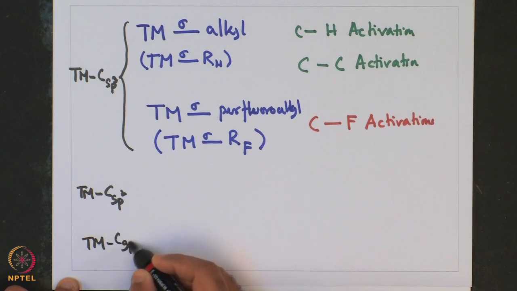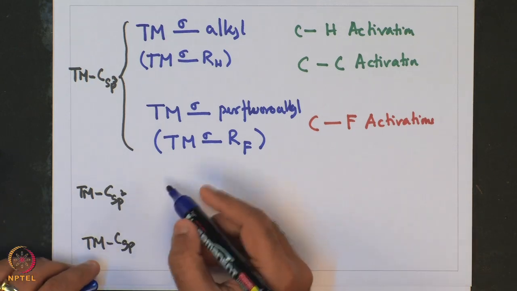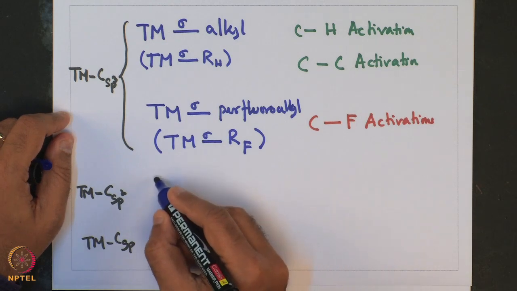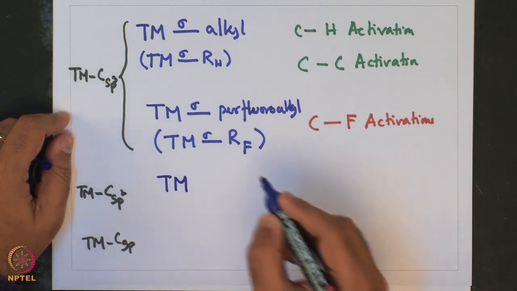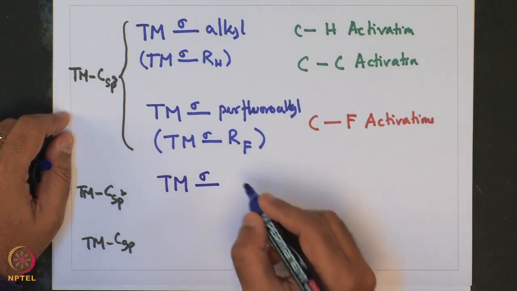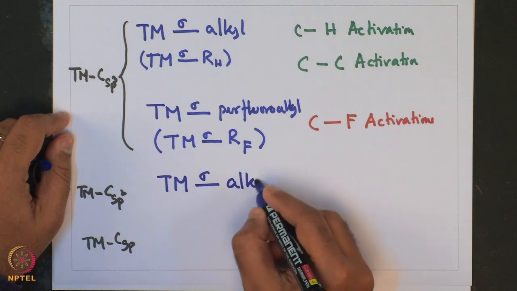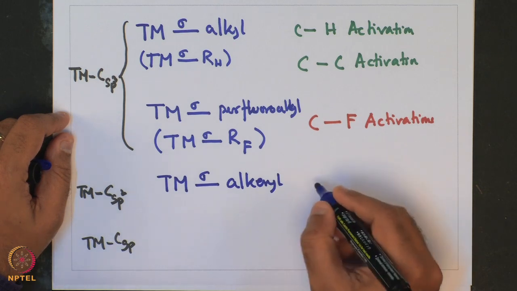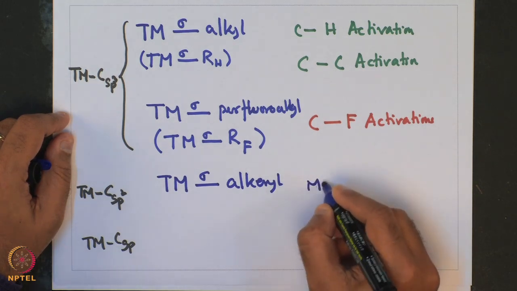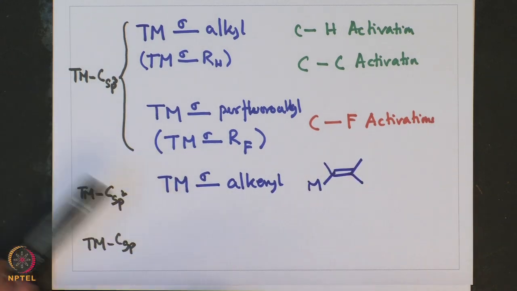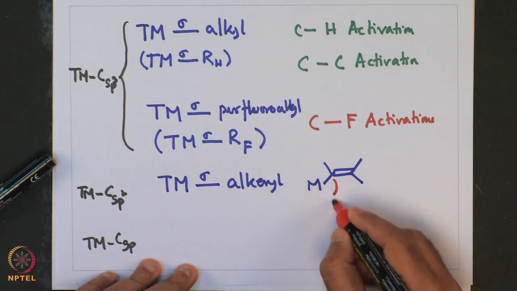So, along this, we are now going to take a look at two such examples of transition metal complexes. One is transition metal sigma alkenyl complexes. These can be represented as shown, where this carbon is Csp2.